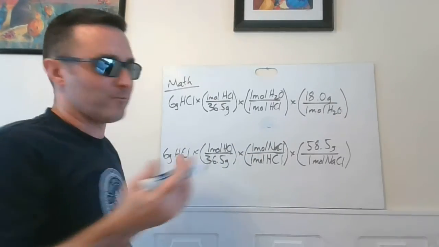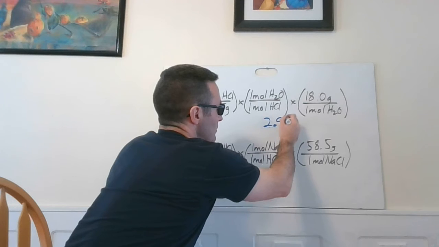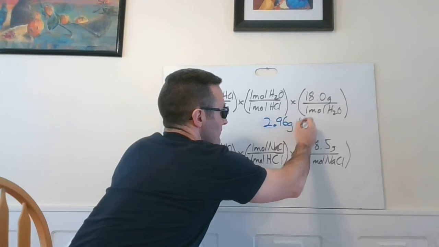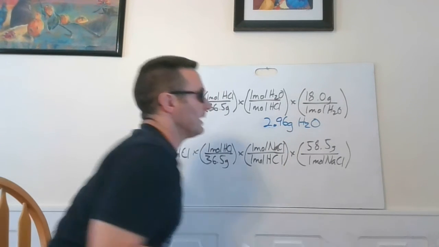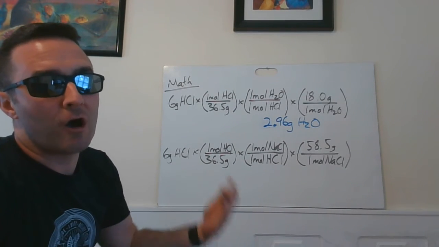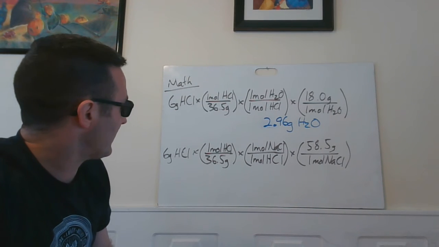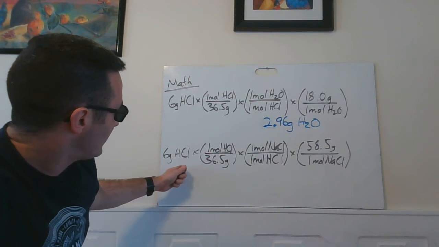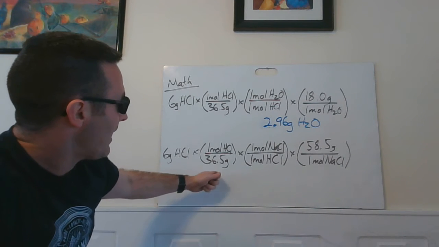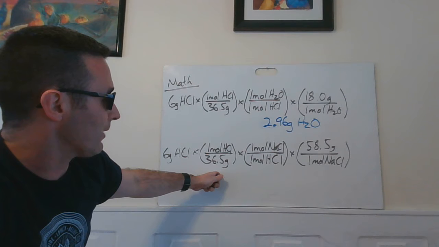there are people that just hate it when I erase with my finger, and I'm beginning to understand why. It's 2.96 grams of water. And again, your answer is a little bit higher here because you didn't round off, and it's okay. You don't have to be keyed up over that. Second, taking your same starting material, this first step is exactly the same because you're trying to get into moles of hydrochloric acid.